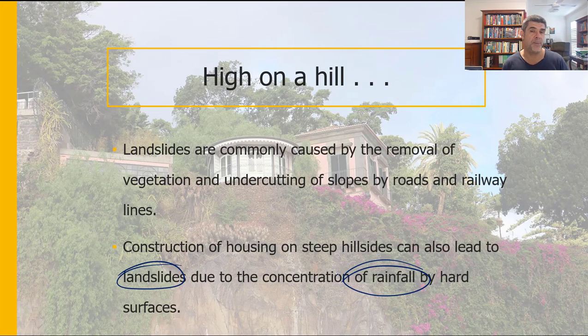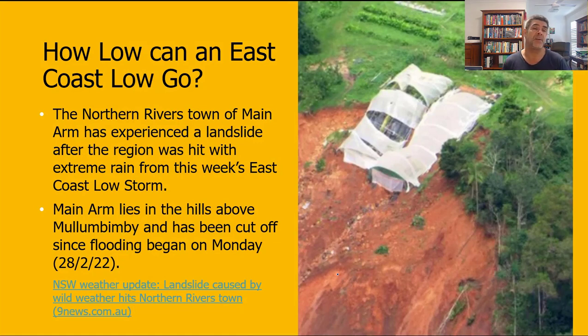Whilst I'm putting this together at the end of March in 2022, we've had some significant weather events associated with our East Coast lows, and there are still continuing problems associated with this high rainfall and increases in landslide activity. One area that received some publicity was the Northern Rivers town of Main Arm, back at the end of February 2022.